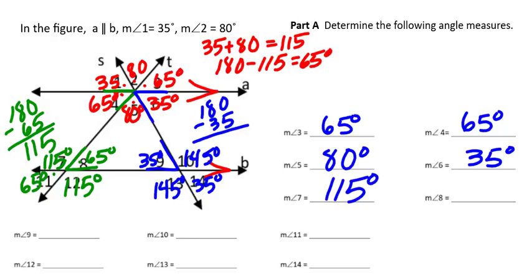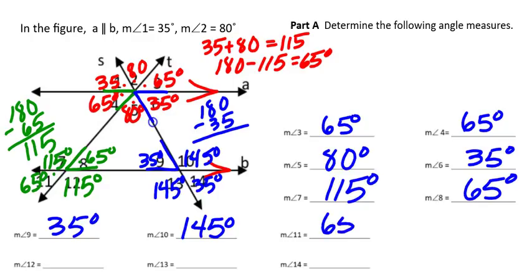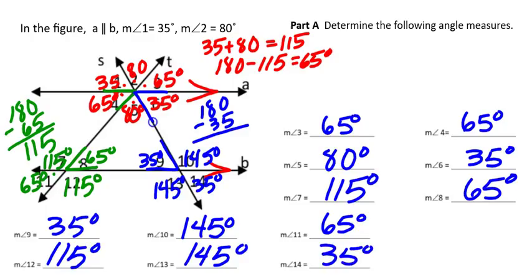The measure of angle 8 was 65. 9 was 35. 10 was 145. 11 was 65. 12 is 115. 13 is 145. And 14 is 35. Those are the answers to all of this first part of this problem.